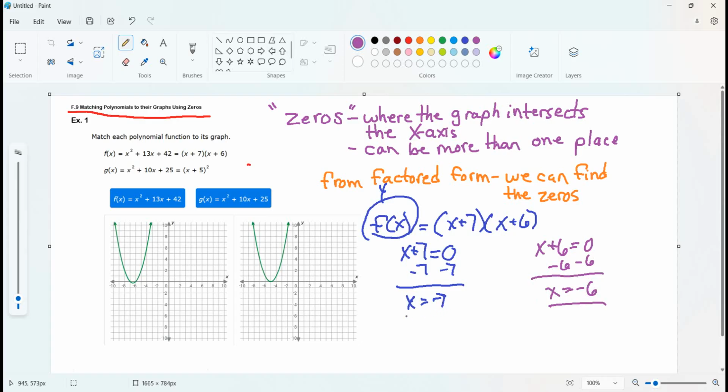These are its zeros. This f function hits the x-axis at -7 and at -6. And if you look closely, this graph hits at -6 and -7. So that would tell us that this is the f function right here.